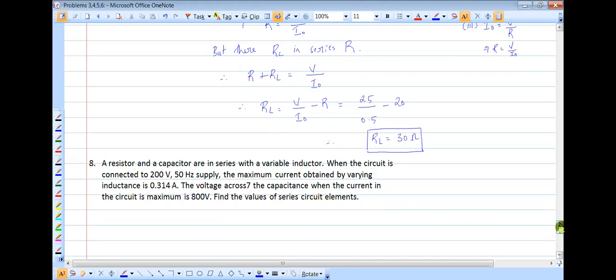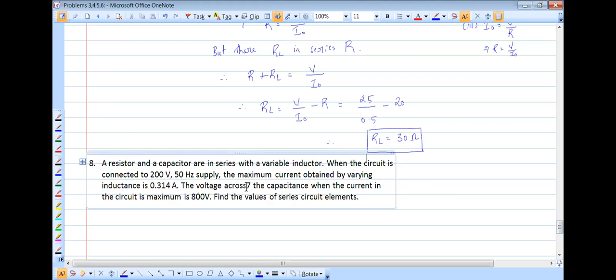The maximum current obtained by varying the inductance is 0.314. What is this 0.314? Anybody? This is the current at resonance, because this is the maximum current we are getting by varying the inductor.